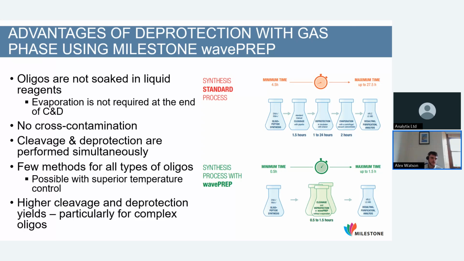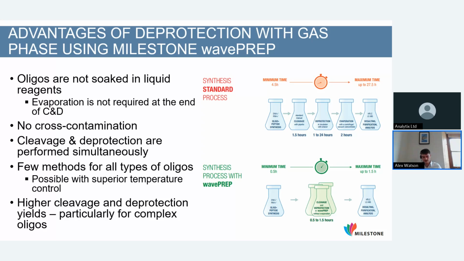Other advantages include the fact that we're not soaking our oligos in liquid reagent. It means that evaporation is not needed. It also means that we're massively saving on reagent use. There's no risk of cross-contamination. We're performing cleavage and deprotection simultaneously. There are a lot fewer methods for different oligo types.